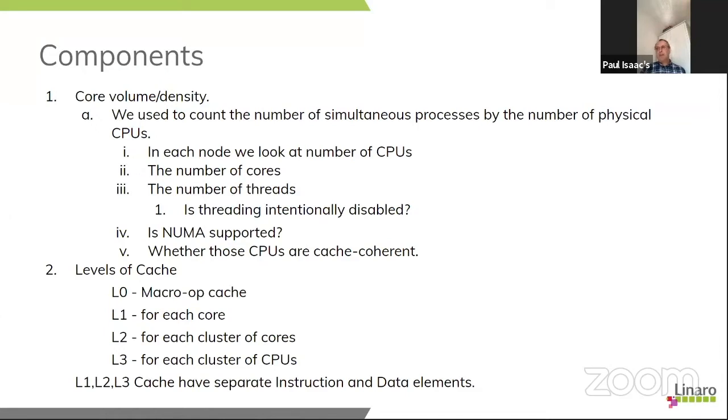So first of all, the scaling of levels of cache. Within the ARM ISA, we have the macro op cache, which is just collecting a few small instructions together and then running them as a simple macro. And then level 1, level 2, level 3, as we saw on the slides, for each core, for a cluster of cores, and for the cluster of the CPUs.